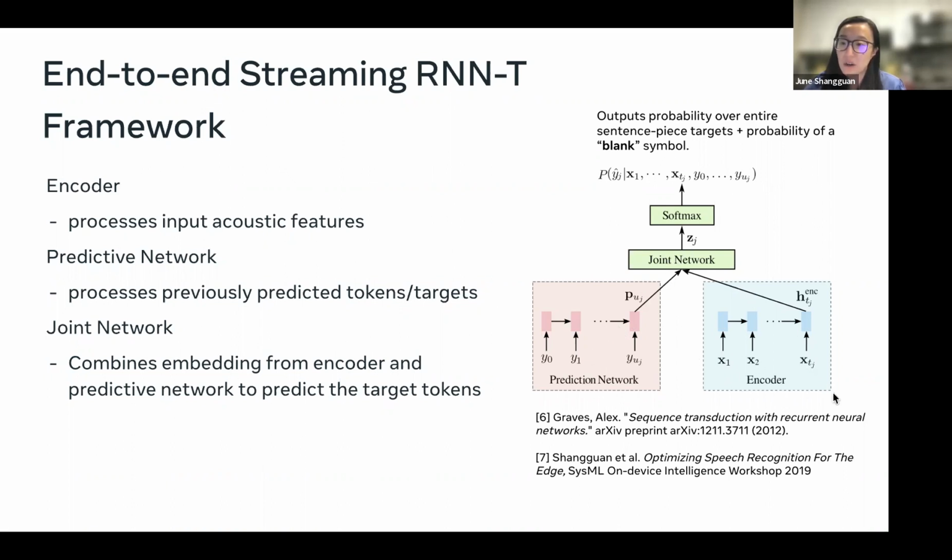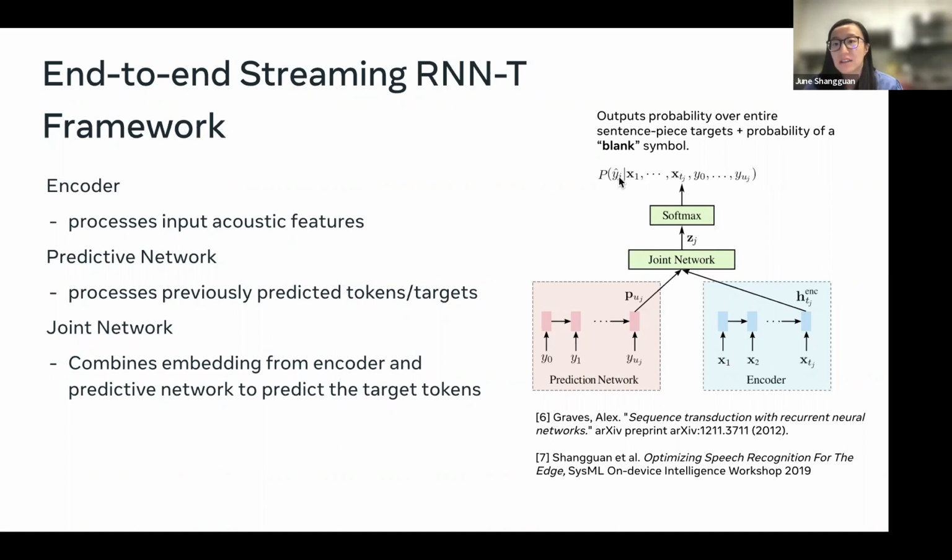And the encoder part of the RNNT actually is analogous to the acoustic model. It ingests the features of each frame of the audio, and then it produces an embedding layer of the features. And the joiner network basically concatenates or adds these embeddings together. And when we go through a softmax, we predict basically the likelihood of the next symbol.